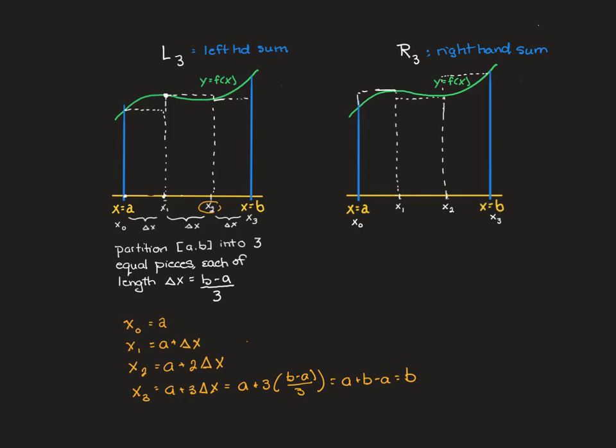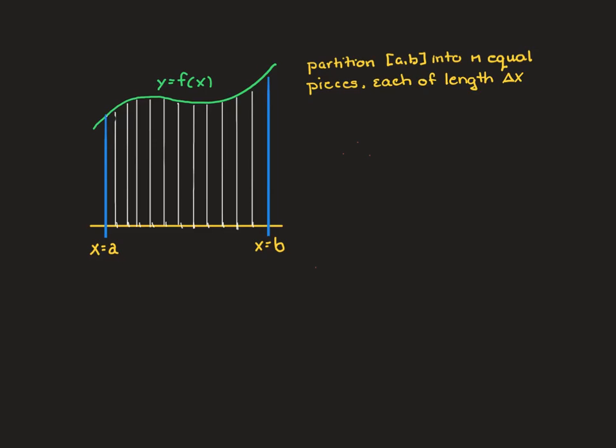So what I'm going to do next is write a partition of the interval from A to B into n equal pieces and see what we get. So now we're going to partition the interval from A to B into n equal pieces, because then we can let n grow without bound.